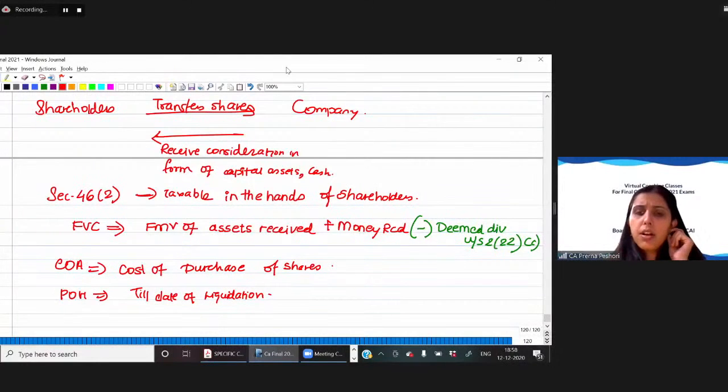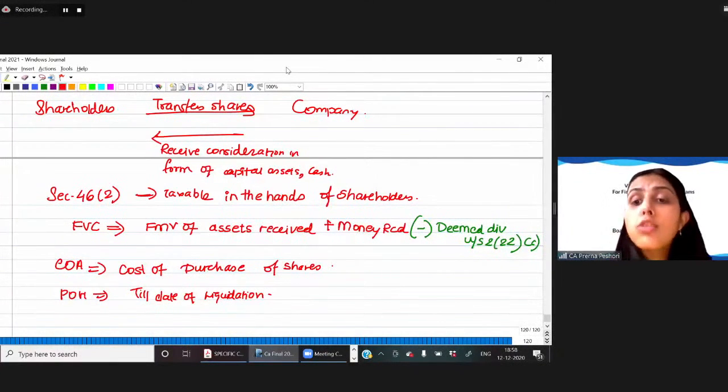Raman, I didn't get your point. Will not reduce the cost of purchase. Where you are asking? Padmanabhan, you are asking me capital gain would arise in the hands of the shareholder only when he transfers the assets received in liquidation?